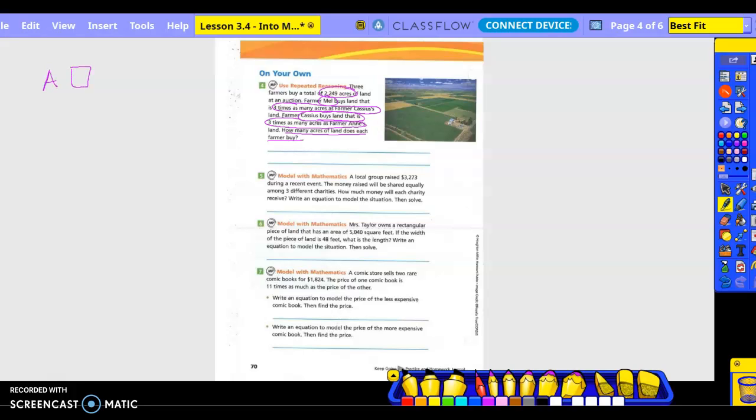Then who's the next? Caseus, right? How many for Caseus? It says 3 times as many as Ann. And then Farmer Mel has 3 times as many as Caseus. So 3 times 3 is 9.